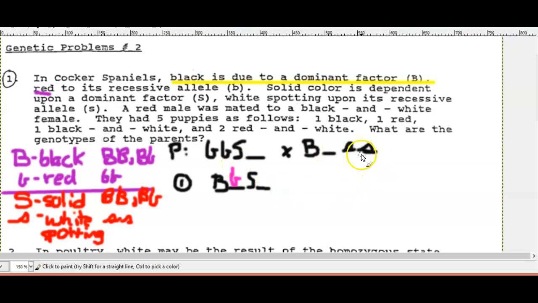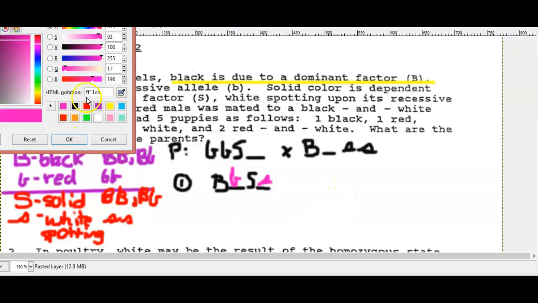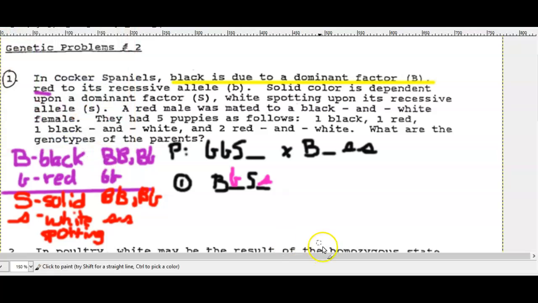And the mom can only give little s's, the recessive allele, so we figured that one out. That puppy is heterozygous. Our second puppy is red. So it's red solid.